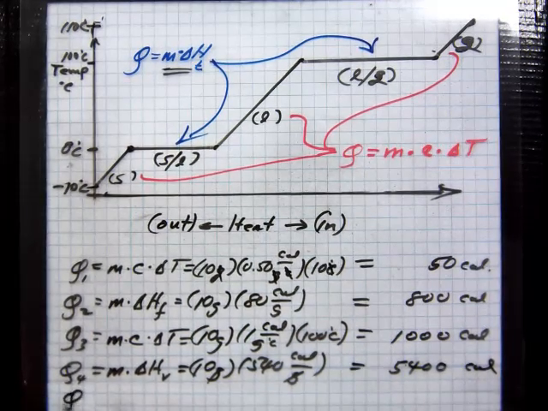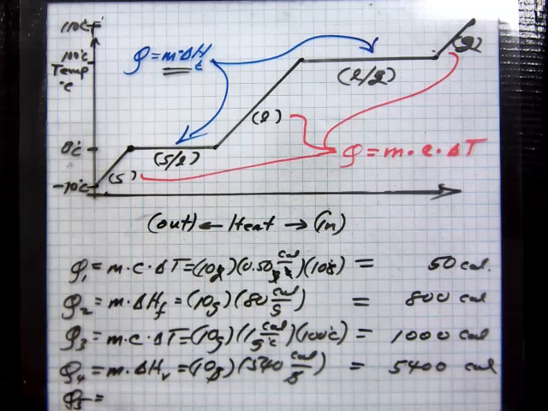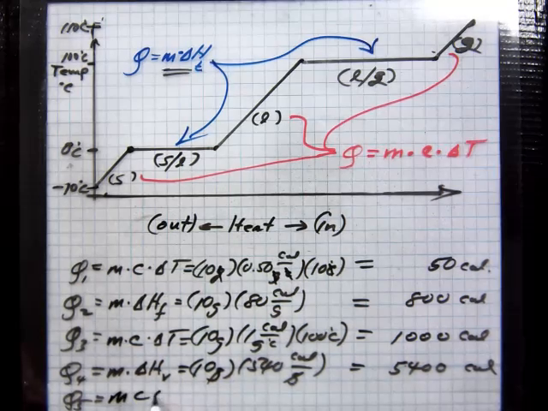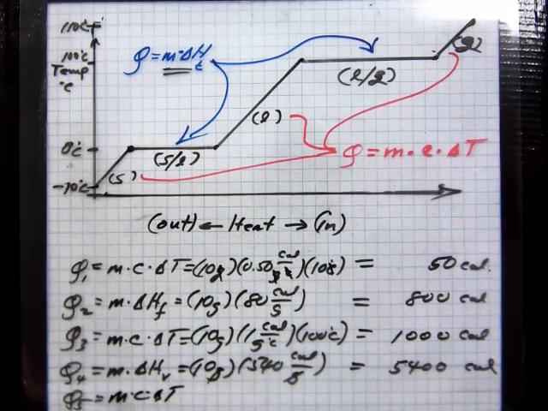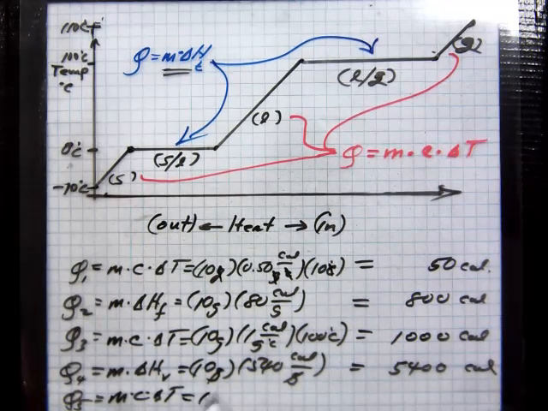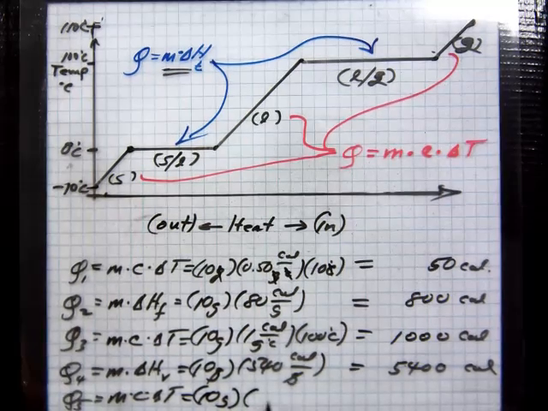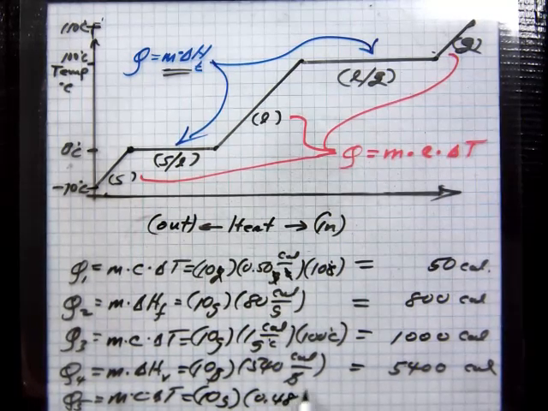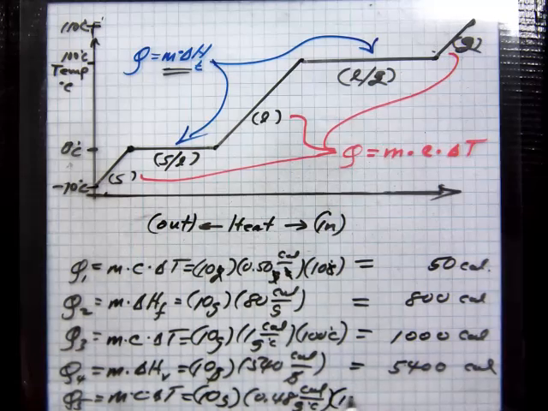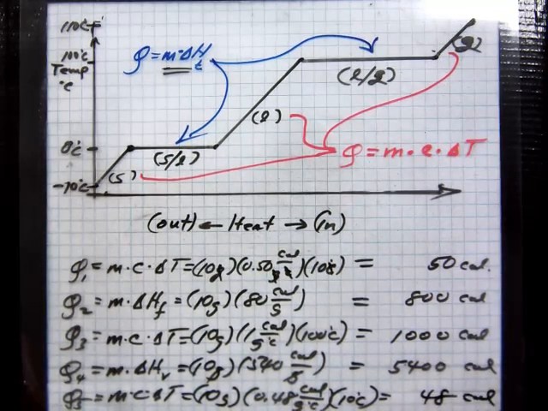And then the final region is warming the steam from 100 up to 110, an MC delta T because you have a temperature change involved. And it's 10 grams and 0.48 calories per gram degree C, and you're going up 10 degrees C, and that's 48 calories.